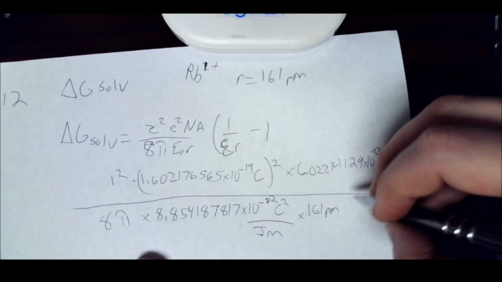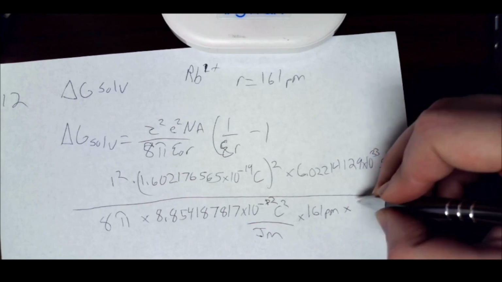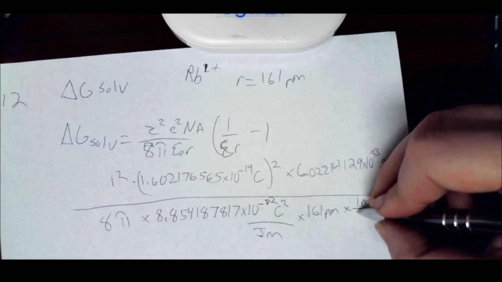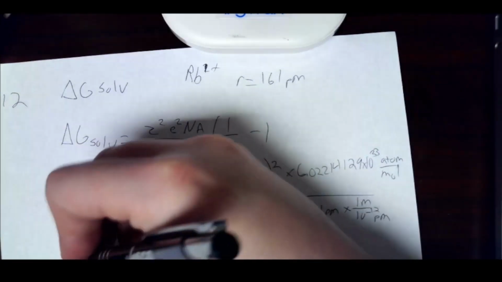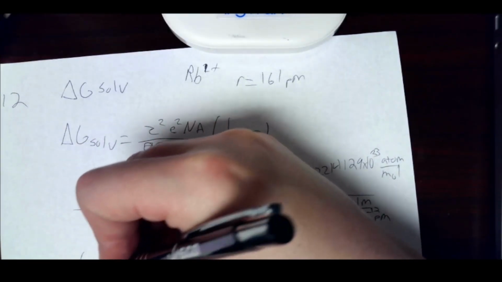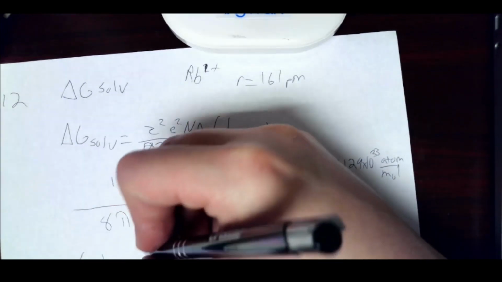So the key thing here is to convert picometers into meters. So 1 picometer is 10 to the negative 12 meters. Once we do that, we multiply our solvent-based epsilon sub r, which is 1 over 88 minus 1.